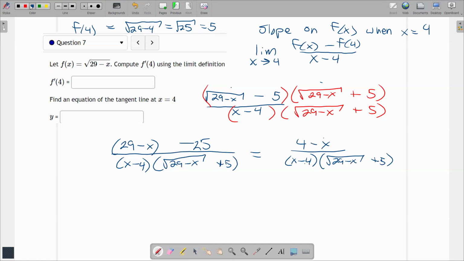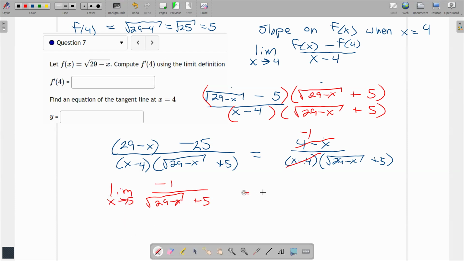So when I divide 4 minus x by x minus 4, I get a negative 1 factor left over. So I now have negative 1 over square root of 29 minus x plus 5. And now I can take the limit as x approaches 4.